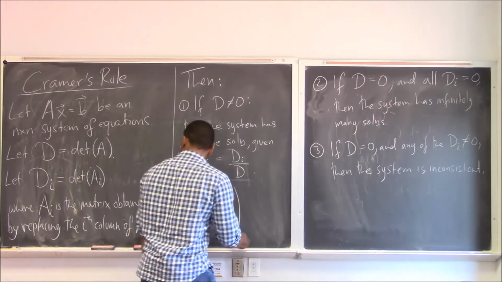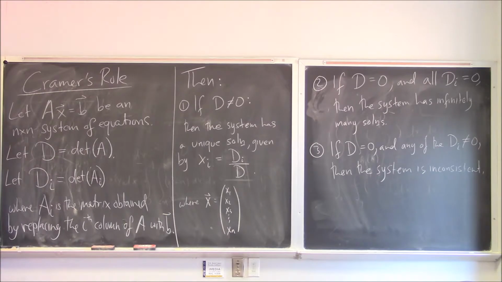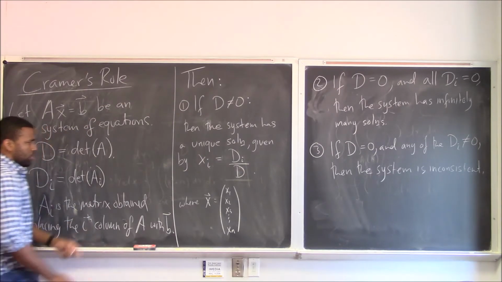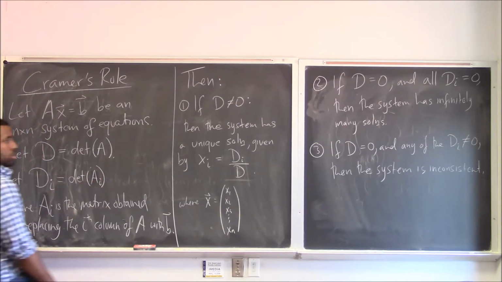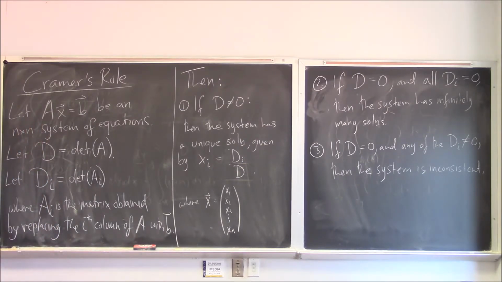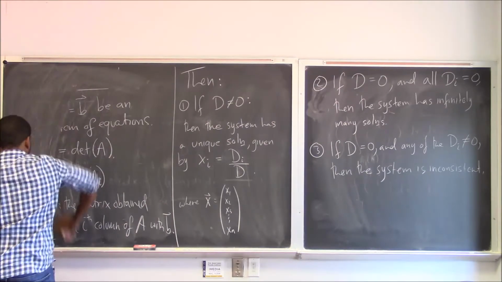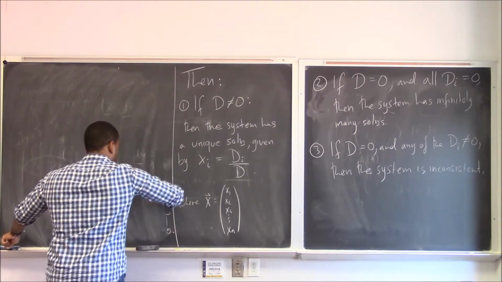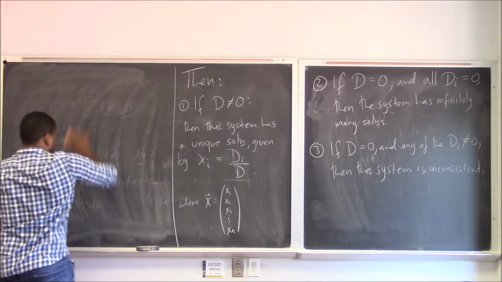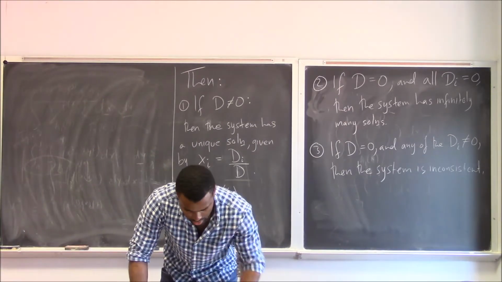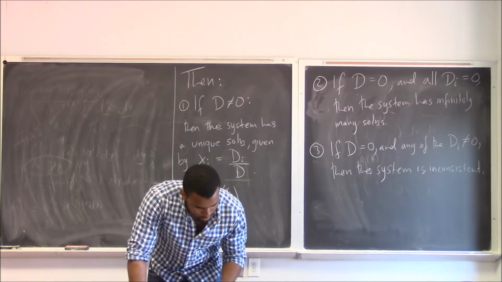Okay? So let's actually do an example where you can see how the notation is applied. We find the determinant of A, and then for each variable, we replace that column of A with B, and if I take the ratio of the determinants, we'll get the answer. So are we done copying this down? Okay. Let's do an example. Let's do one that we know the answer for already, so we can verify.